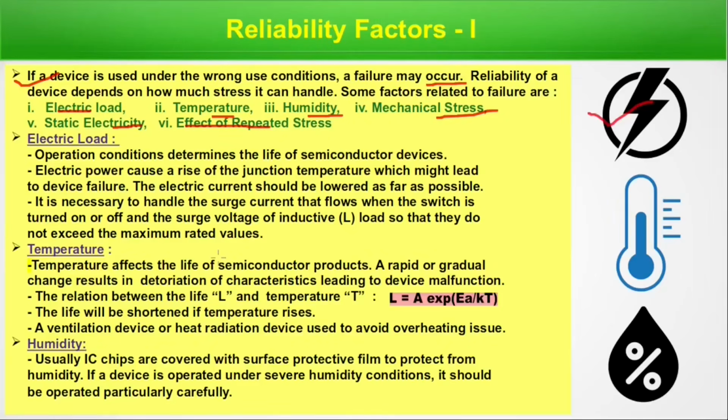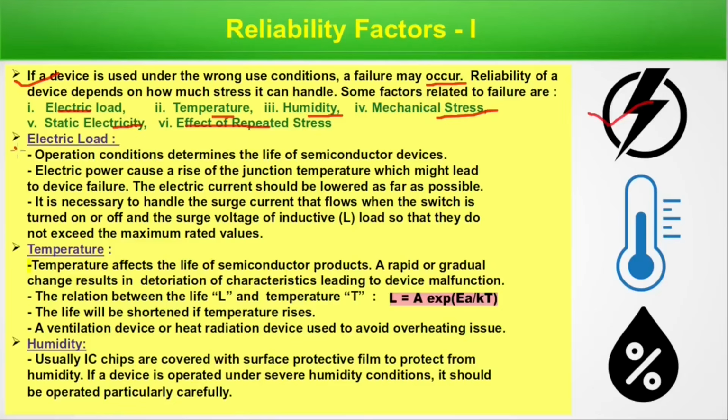A device not only gets damaged because of its manufacturing defect or material defect, it can also get damaged because of rough handling or mishandling. Wrong use condition and wrong handling create stress on the device. How much external stress it can handle decides whether the device is reliable or not.